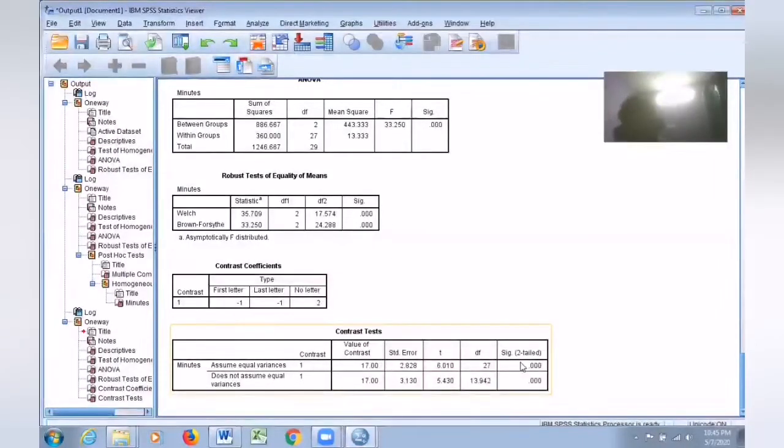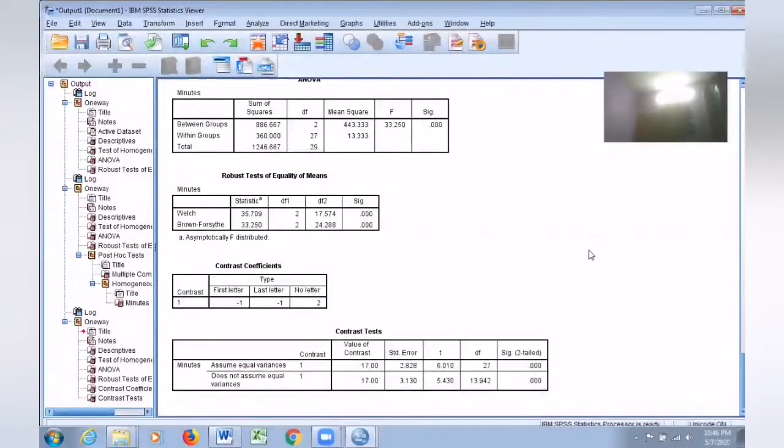That is, there is a significant difference between the first group and second group of participants with regard to the time taken by them to complete the puzzles or anagrams. What is the first group? Those who received the first letter or last letter as a hint. What is the second group? The participants who did not get any kind of hint.